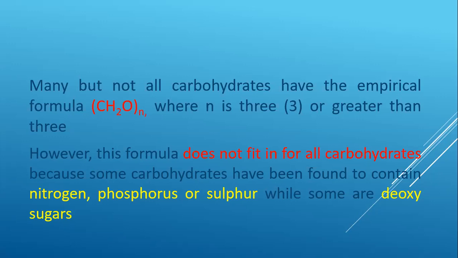But there are so many carbohydrates which do not fit into this group because they may contain nitrogen, phosphorus, or sulfur, or some are even deoxy sugars. As you can see, there's no nitrogen here, there's no phosphorus or sulfur. So this formula will not be okay for all carbohydrates.